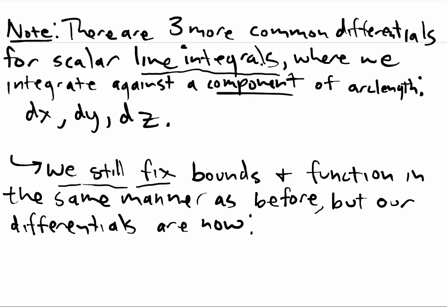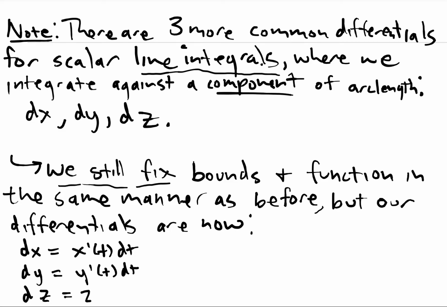Replacing these differentials, we didn't really have to do this for double or triple integrals, but we do for line integrals. Anytime that I see my dx, I'm going to replace it with x prime of t dt. I'm similarly going to do dy anytime I see that. That is y prime of t dt. And my dz is the same thing as z prime of t dt.